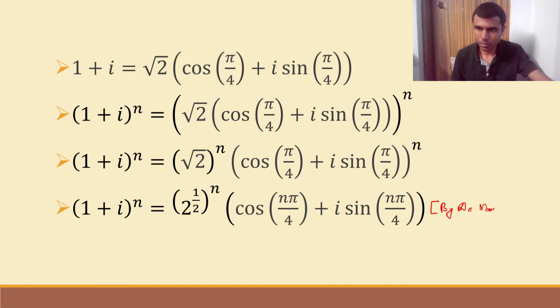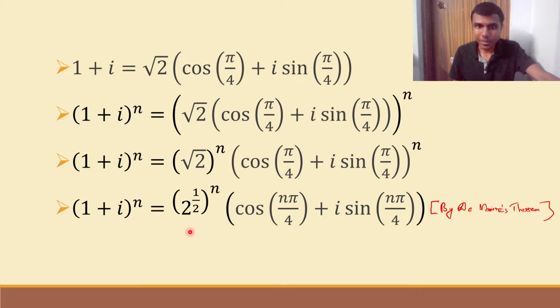Because as per de Moivre's theorem, for (cos theta plus i sin theta) power n, this n will come into the angle. So I would get cos n pi by 4 plus i sin n pi by 4.